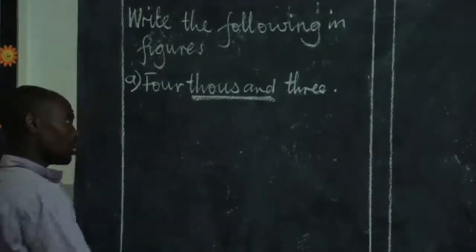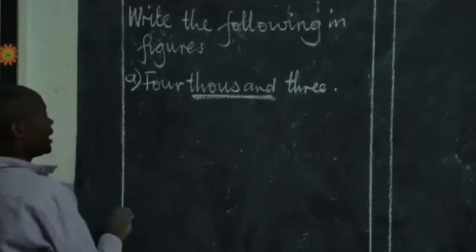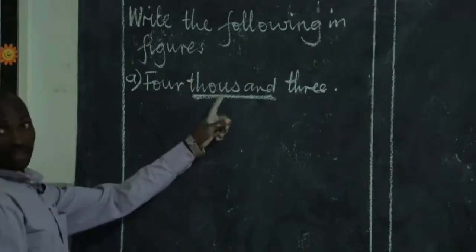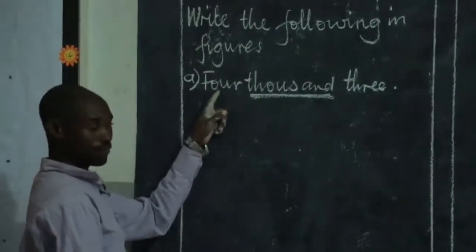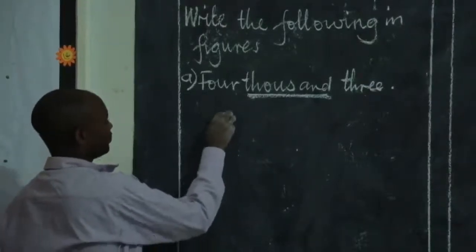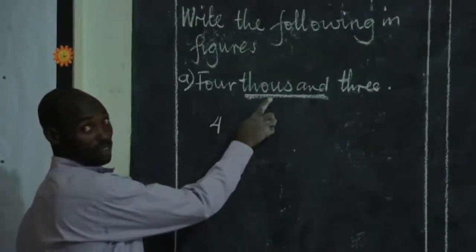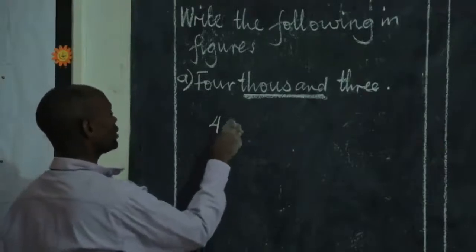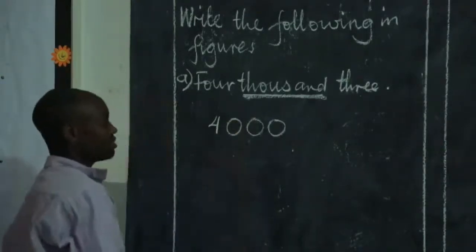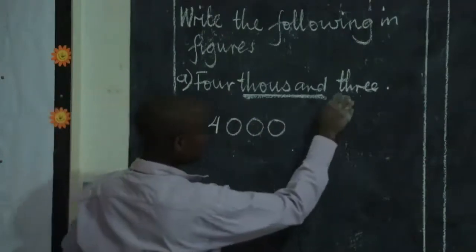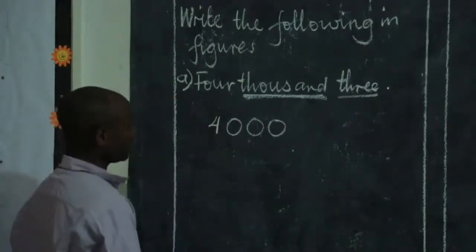Okay? So before I go to 3, can I first write what is before thousands? So what do we have before thousands? It is 4. In the place value of thousand, so it becomes 4,000 with 3 zeros. Then 3. I hope you know how to write 3.